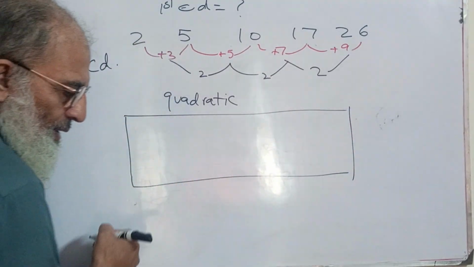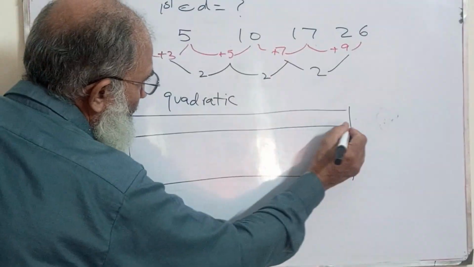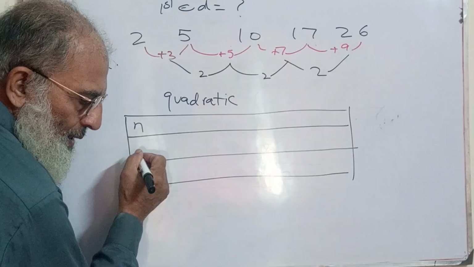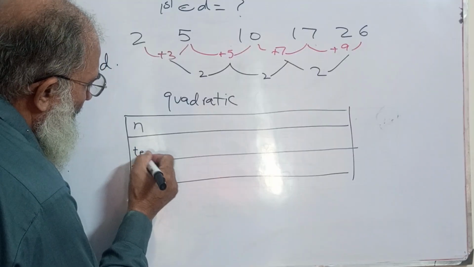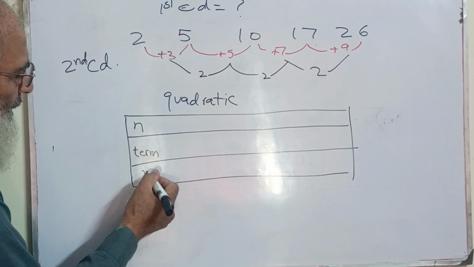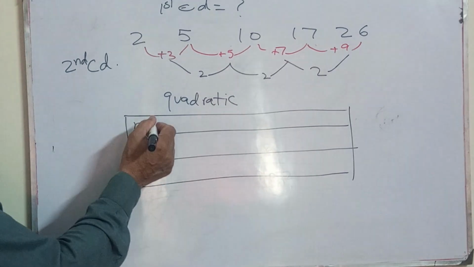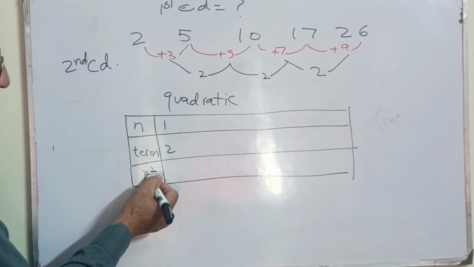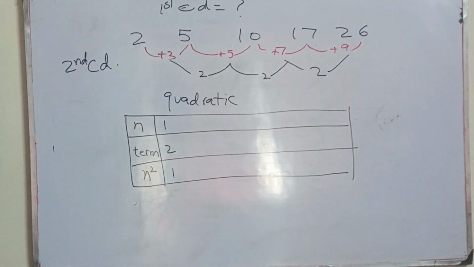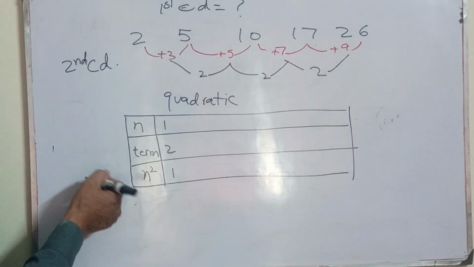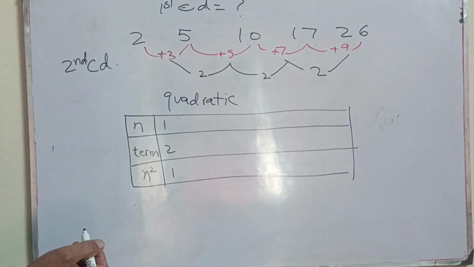Same three rows: n, term, and since I say it is the square, n square. First term is 2 and n square is 1, because 1 raised to any power is 1.